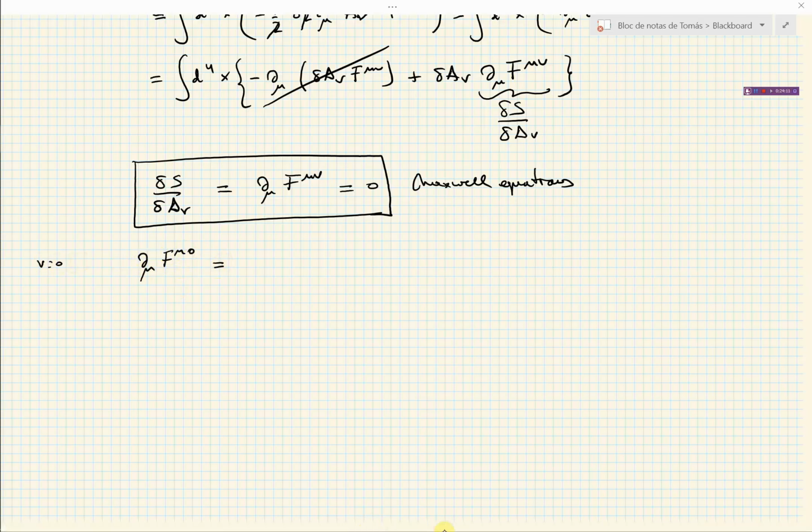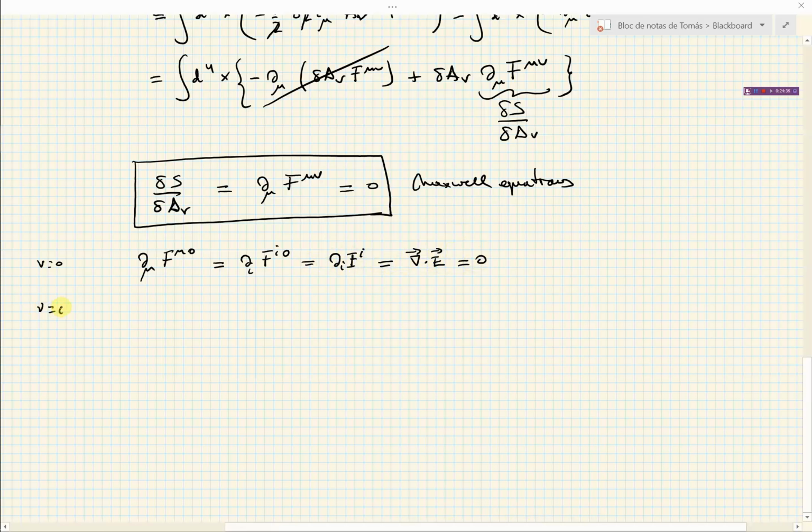So the only thing that survives is partial i F i 0. I know that this is the electric field, so I can write it like this in components, and this is what is usually written in this way. So the divergence of E is 0, and this is one of the Maxwell equations we were looking for.